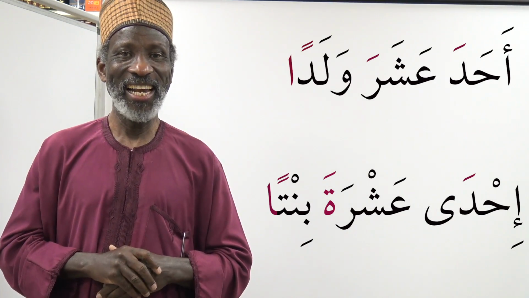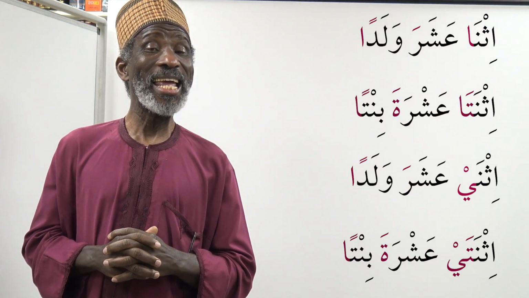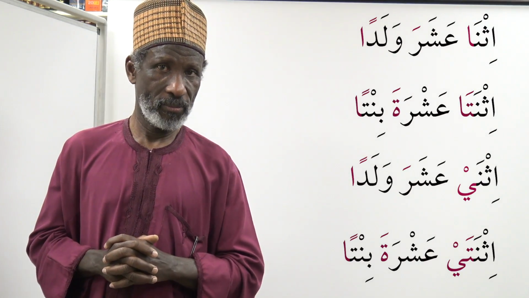Okay, let's move now to number 12. Again, we know that number 2, whatever the case may be, is always of the same gender as the noun being counted. So how do we say 12 boys? We would say ithna.